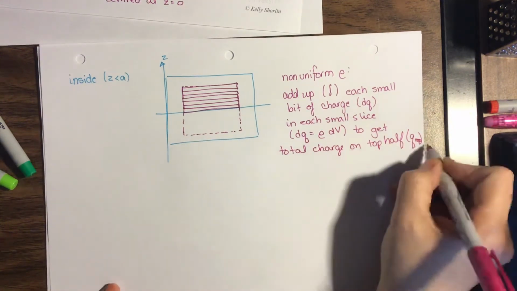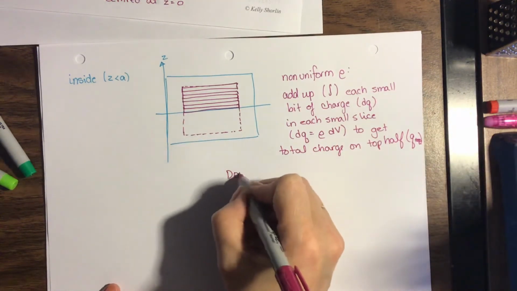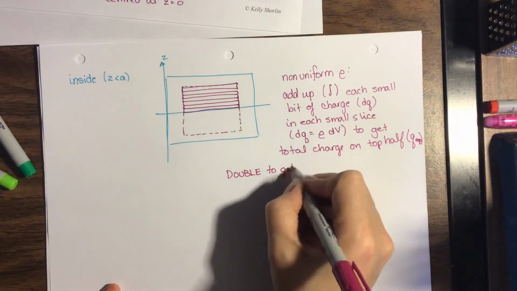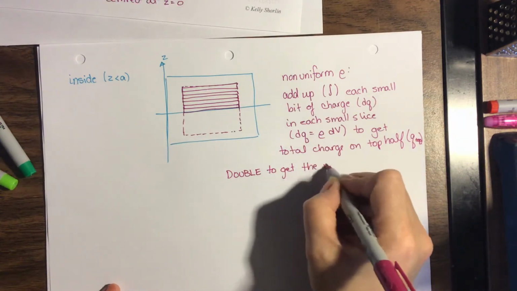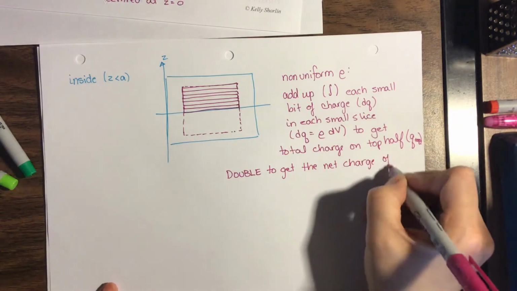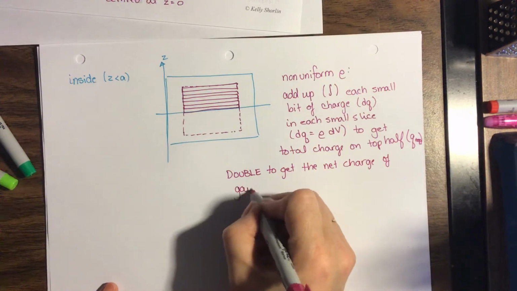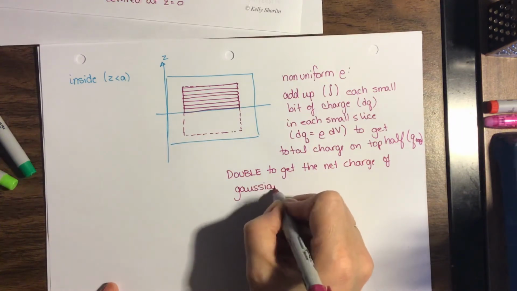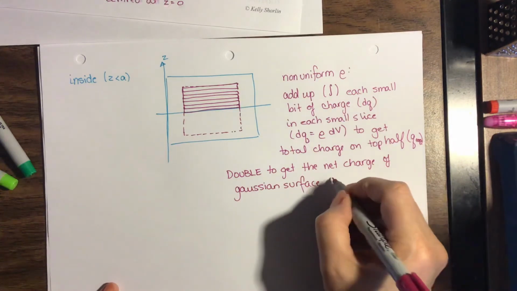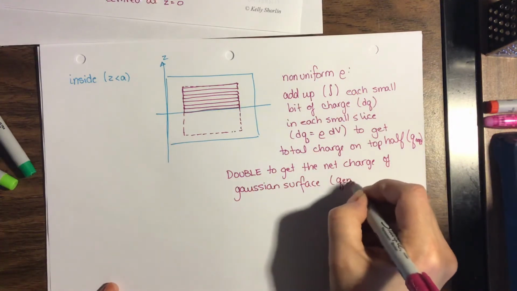Then I'm going to double it to get the net charge on my Gaussian surface. The notation I use for the net charge enclosed by the Gaussian surface is Q enclosed.